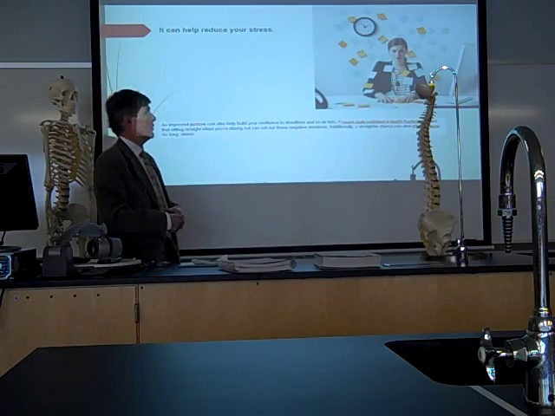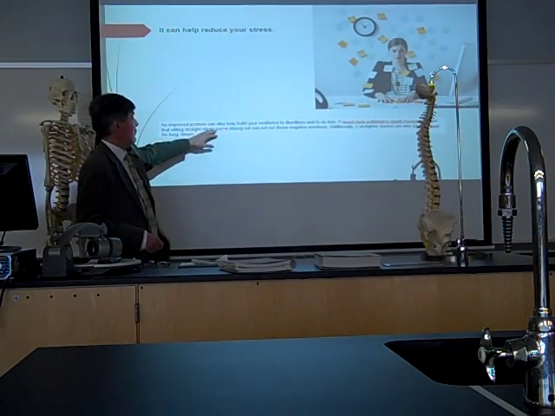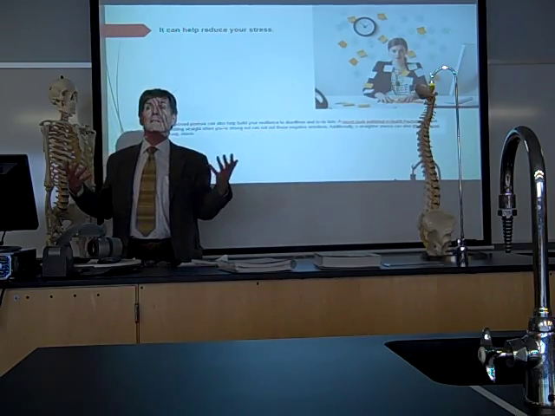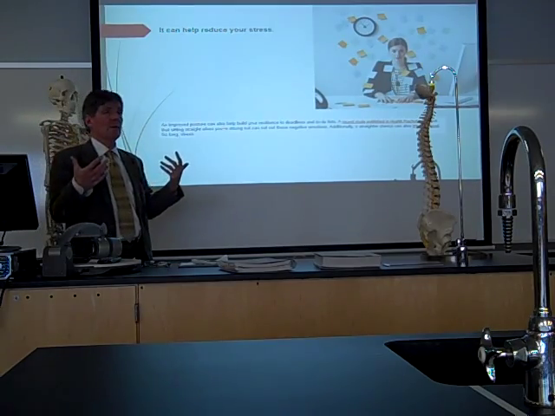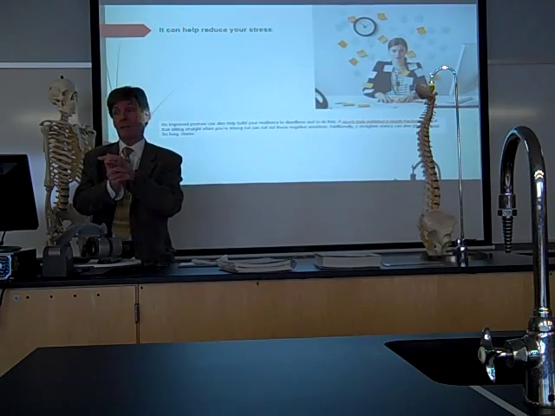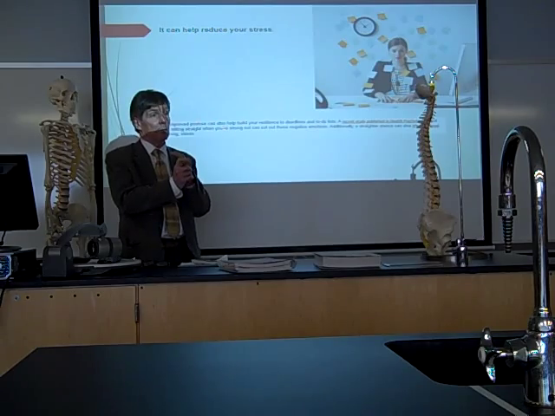Also, it can help reduce your stress. Oh, that's interesting. Improved posture can also help build your resilience to deadlines and to-do lists. As we are in an upright position with the shoulders back, again, our breathing is better, our nerve system functions so much better, right? More oxygen to the brain.